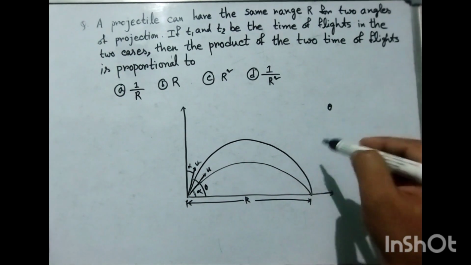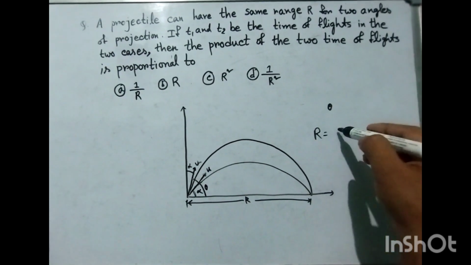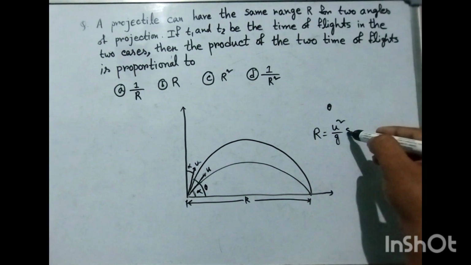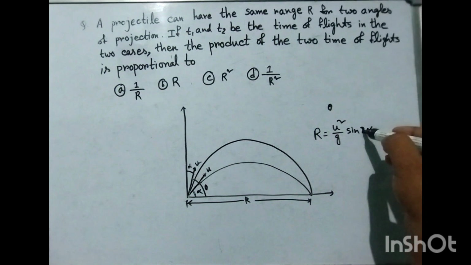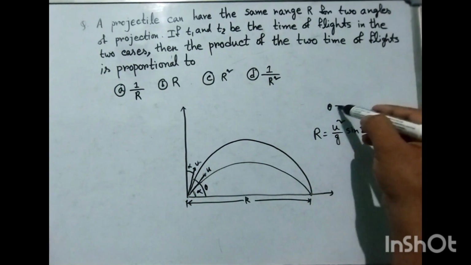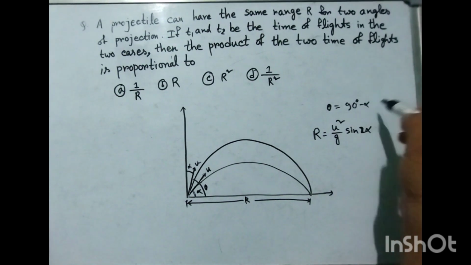That means the horizontal range will be the same, because we know the formula of R is u square by g sine 2 alpha. Now if this is alpha, then theta is 90 degree minus alpha.